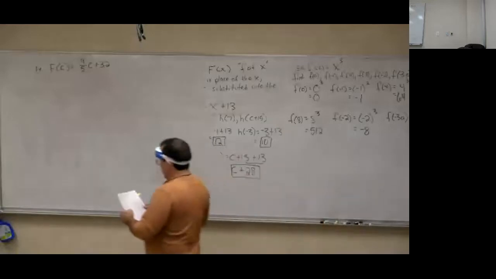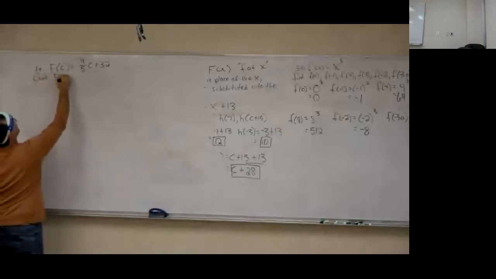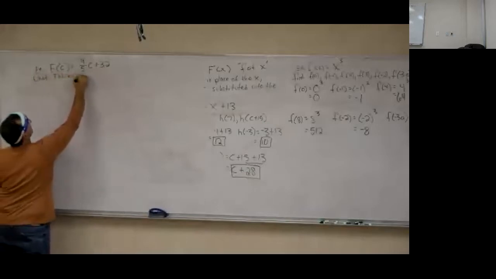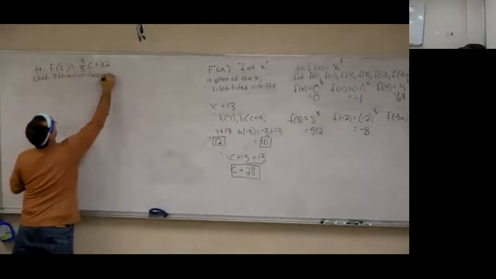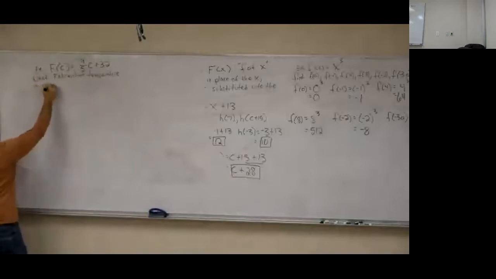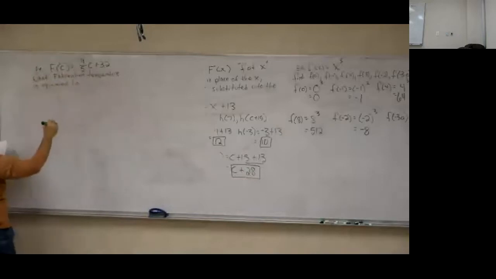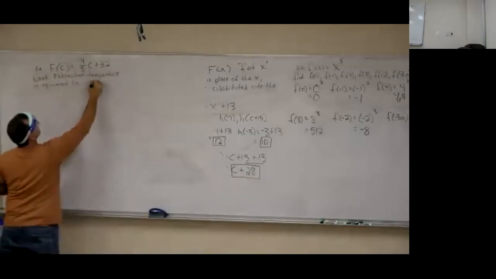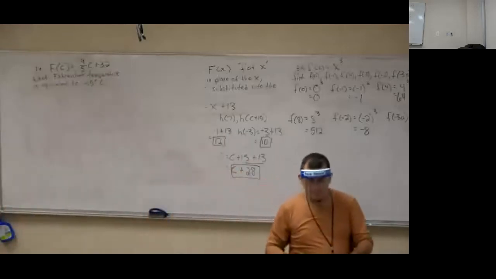So what we want to know, what Fahrenheit temperature is equivalent to -15 degrees Celsius.